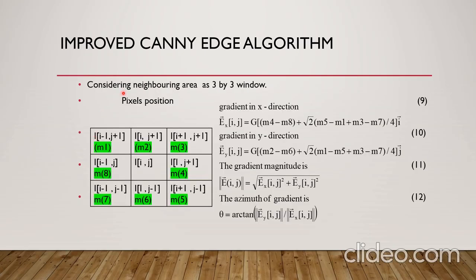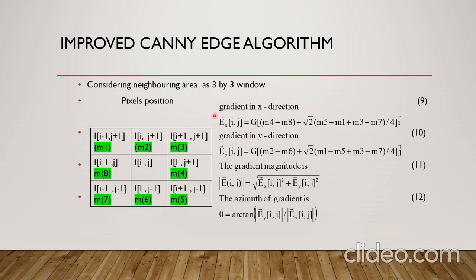In order to find out the gradients in x direction, y direction using gravitational field intensity formula, we consider a 3 by 3 neighborhood window in which 8 neighborhood pixels are placed around center pixel I, j, and named in a clockwise manner m1, m2, m3, m4, like that.